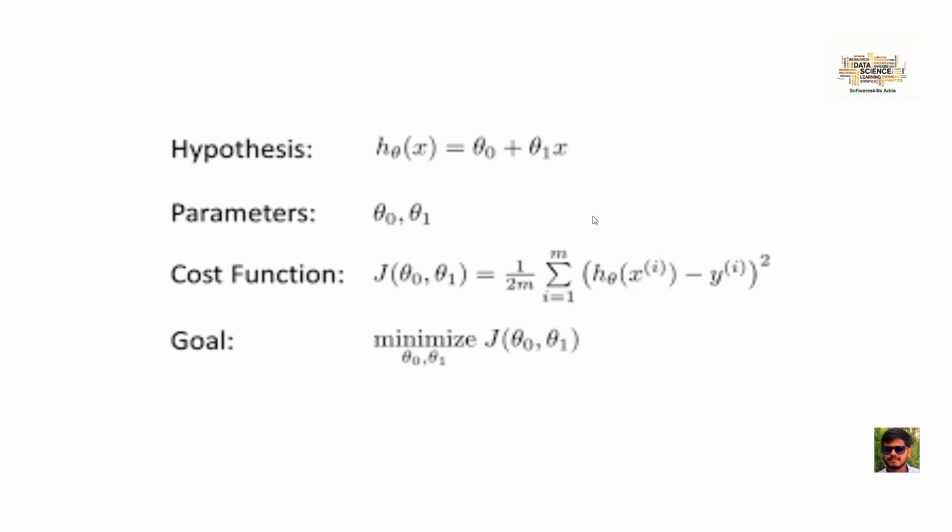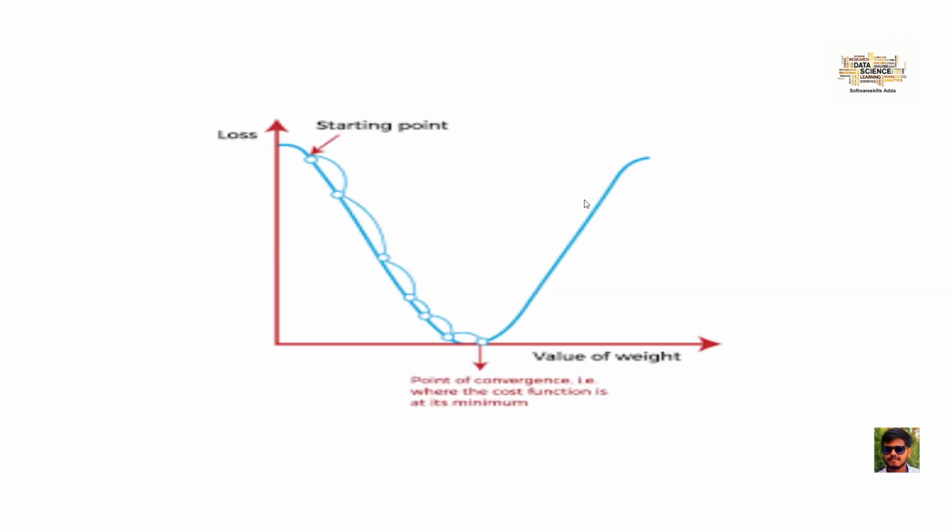Here we can see the gradient descent algorithm graph. Whenever we change theta naught and theta 1 values, the slope will change. The last point is the global minimum, so we call it the global minimum.